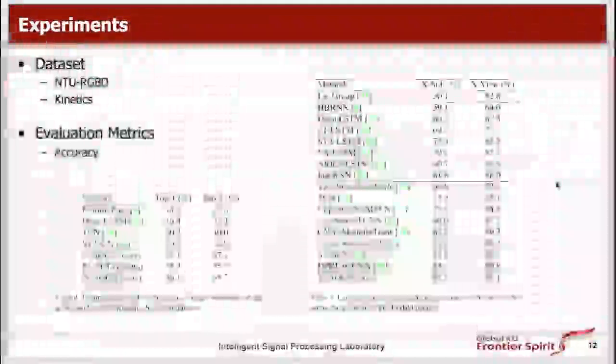The X-sub setting means we train the model with subject 1 and subject 2 data. However, the test set is the same action but conducted by another subject, who has not been involved in the training process.